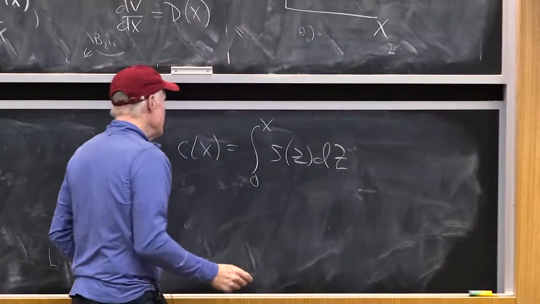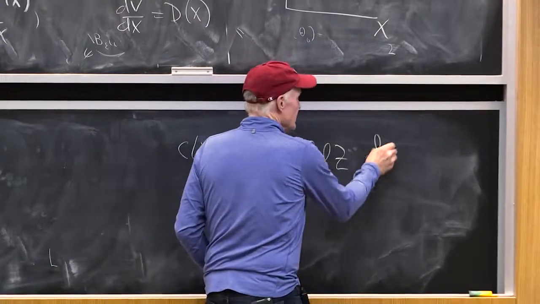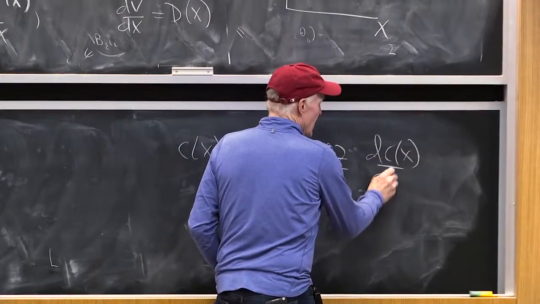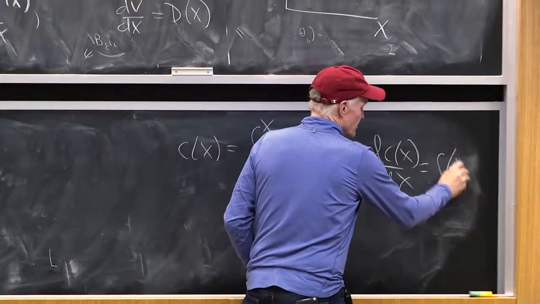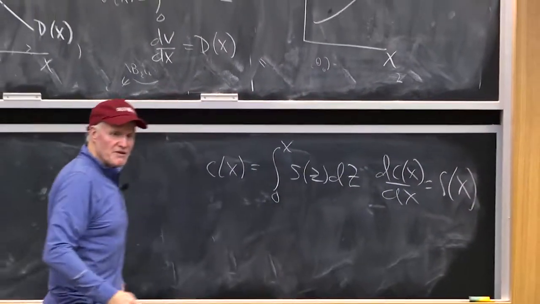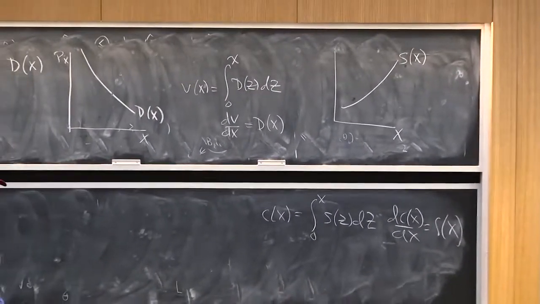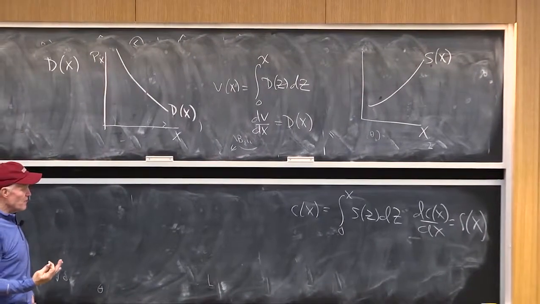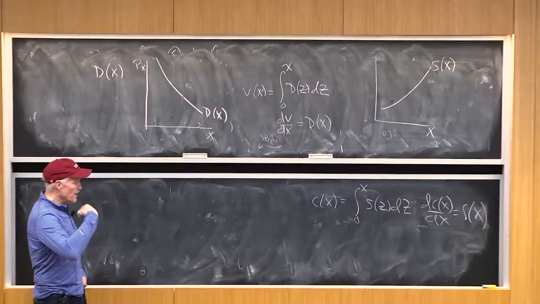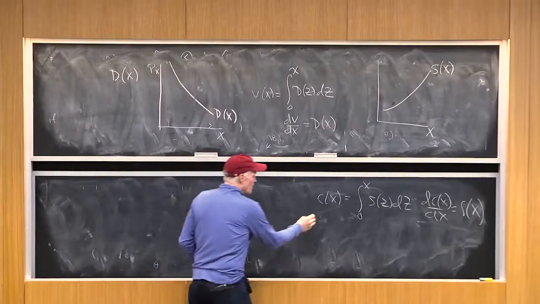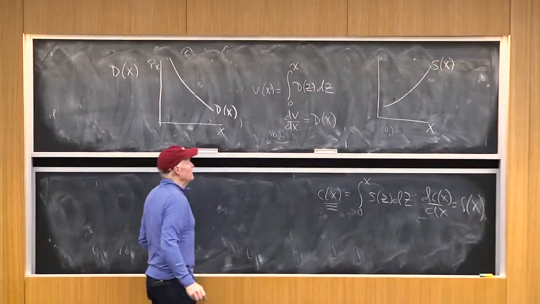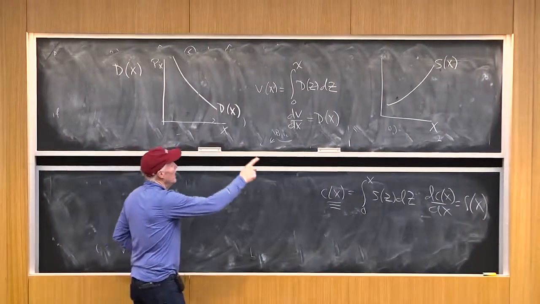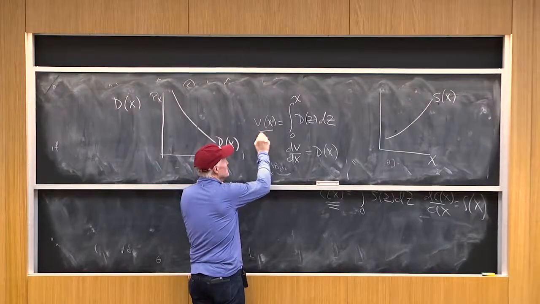And of course, for that same reason, dc(x)/dx would be s of x, right? So in other words, if I had a supply function, I could think about it as corresponding to some cost structure. And if I had a demand structure, I could think of it as corresponding to some total value schedule.